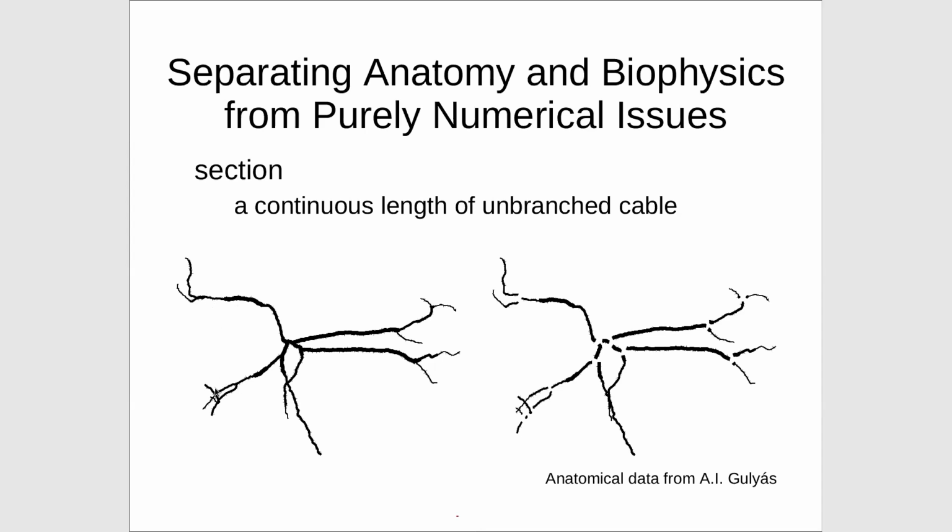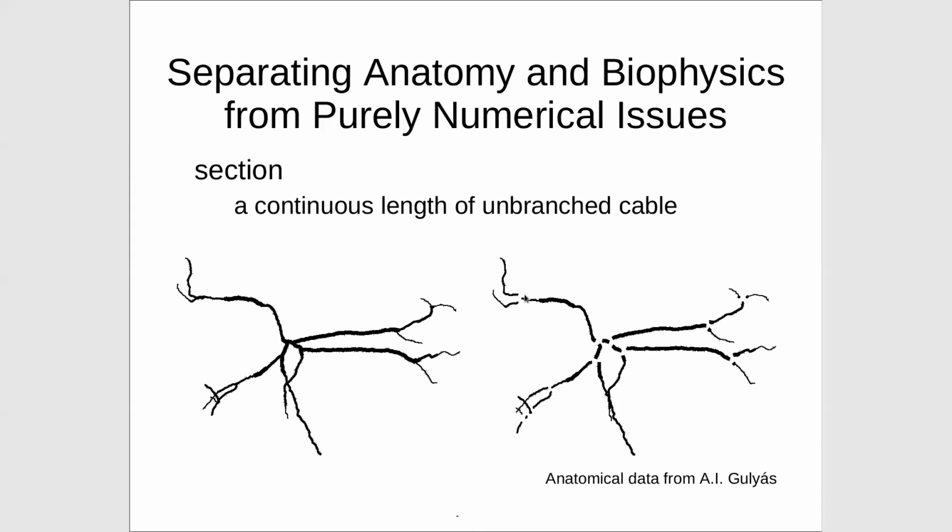So imagine this bizarre looking cell. This is a real cell, an interneuron from hippocampus. And what we do is we take this and we break it apart at each of its branch points. And each of those pieces that we get by breaking it apart is like a cable. It's roughly cylindrical, at least on the small scale.